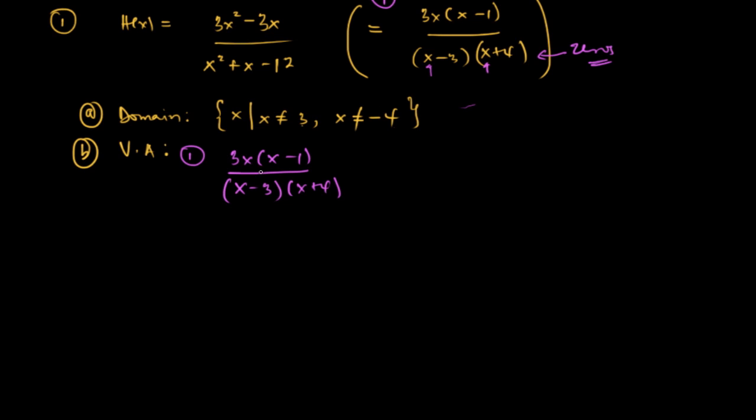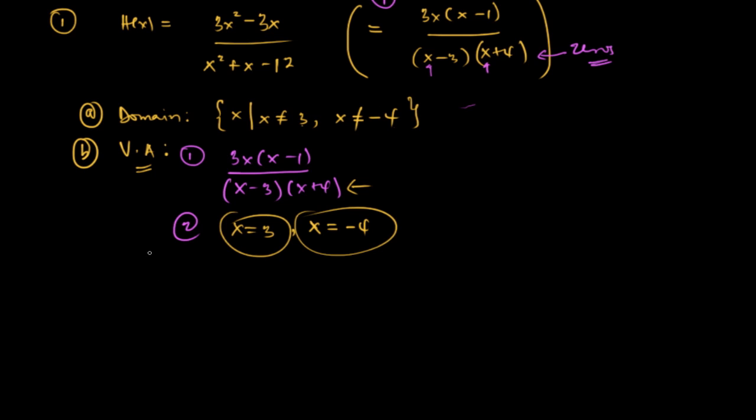When you look at the numerator and the denominator, nothing is common, so it's already in its lowest term. The zeros of the denominator of the rational function in its reduced form are going to be your vertical asymptotes. So since x equals 3 and x equals negative 4, these are your vertical asymptotes.